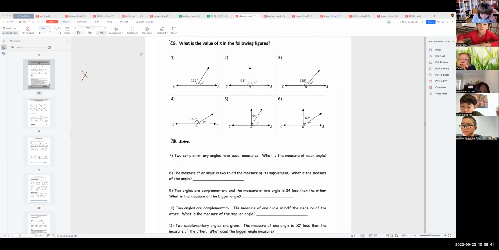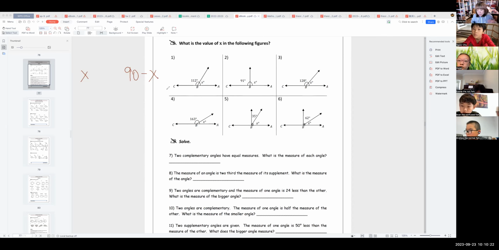They add up to 90 degrees. So if one is x, the other is 90 minus x, right? Okay, so if two angles, the measurement of one of them is 24 less than the other.